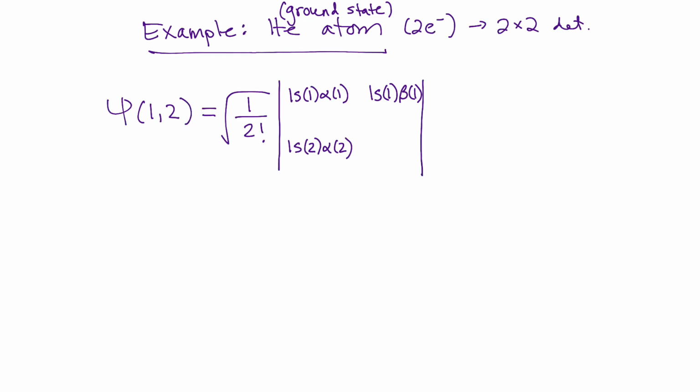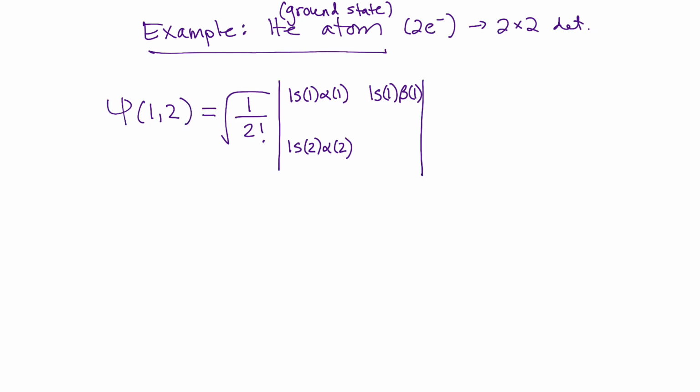Here what we've done is we've accounted for, in this whole row, all of the options for electron 1. So electron 1 can be in the 1s orbital spin up or the 1s orbital spin down. And that's all we have for the ground state for our helium atom. Remember, we're filling the lowest energy orbital, so we're only dealing with the 1s orbital here.